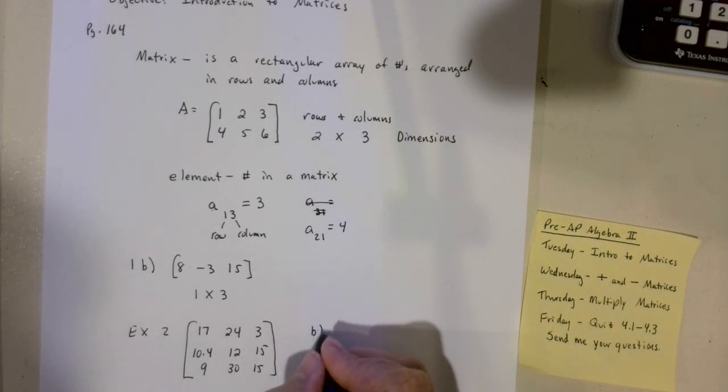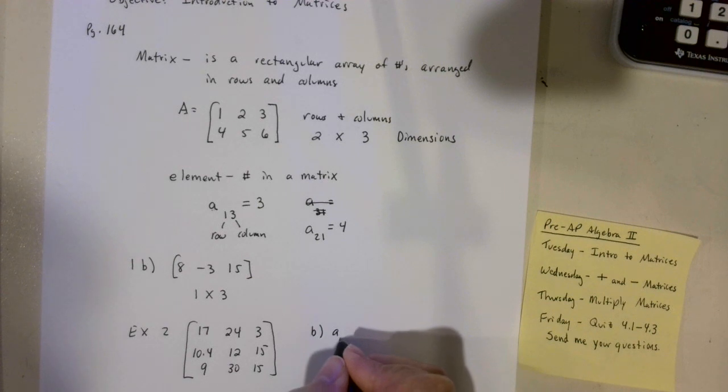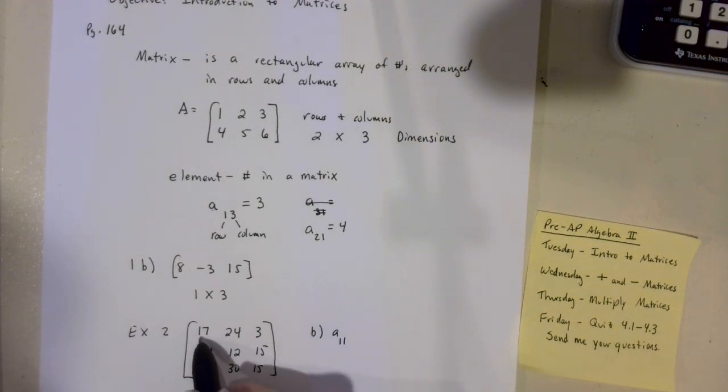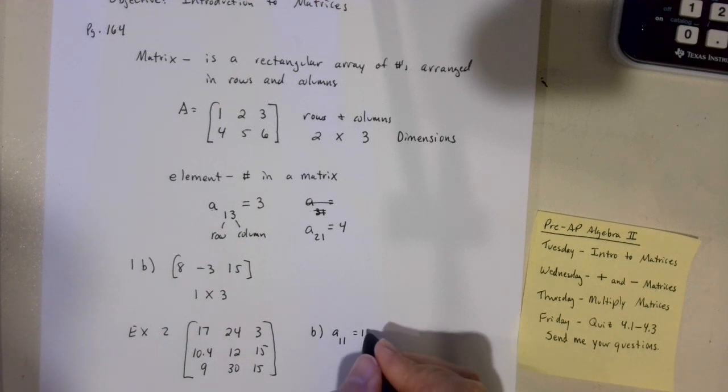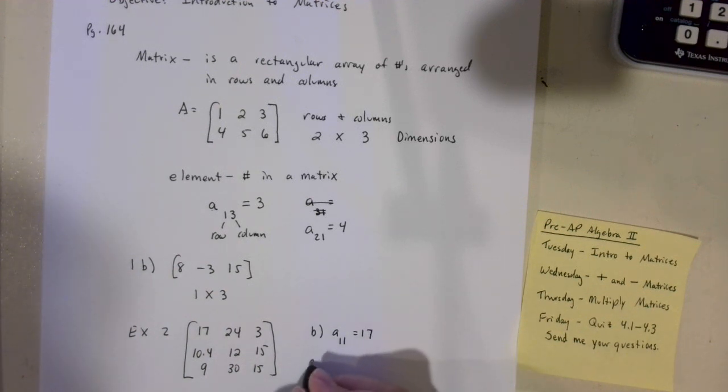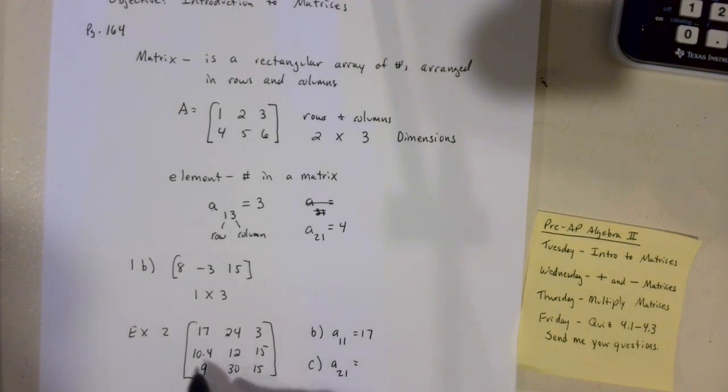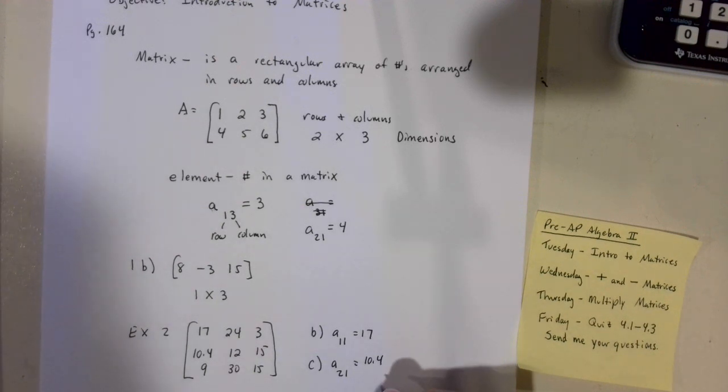Part B wants element A11, the number in the first row, first column, so that would be 17. Part C wants element A21, the number in the second row, first column, so that would be 10.4. So some of your homework will be simply dimensions and elements.